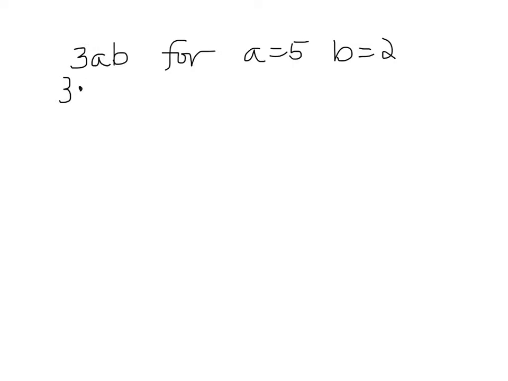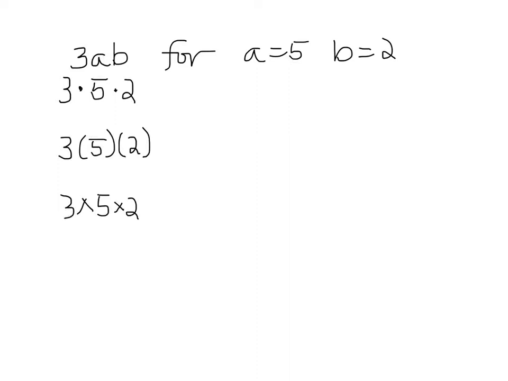We can do a little dot, or we could do parentheses. What we don't use much anymore in 7th grade is this symbol, because as we start working with variables, that looks like a variable.